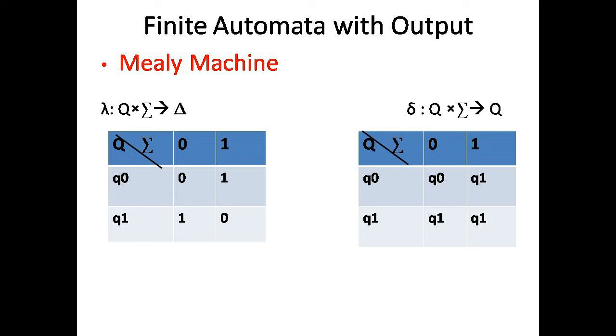In the transition table, in Q0 on 0 input symbol, it will go to Q0, and on 1 input symbol, it will go to Q1. Same in the Q1 state, if the input is 0, it will produce the output 1. If the input is 1, it will produce the output 0. In the Q1 state, we replace 0 by 1 and 1 by 0.